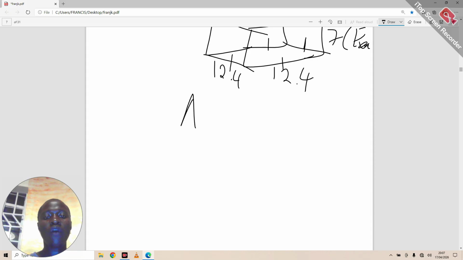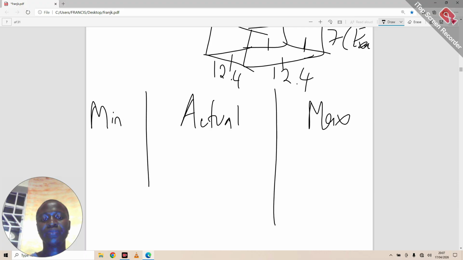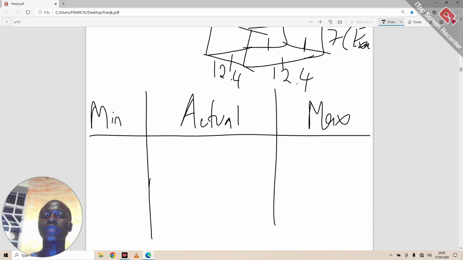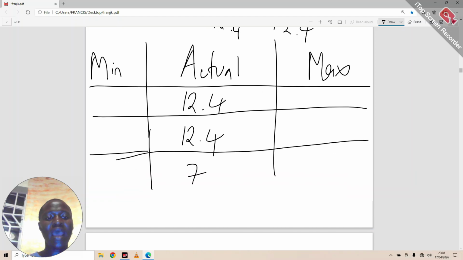So let's have our format. We have the actual, maximum, and the minimum. We are having 12.4 and 7. Now there are two terms which the examiner has used in this question.